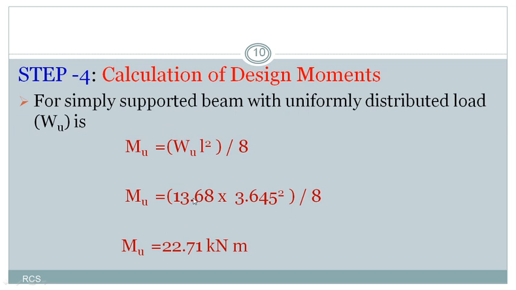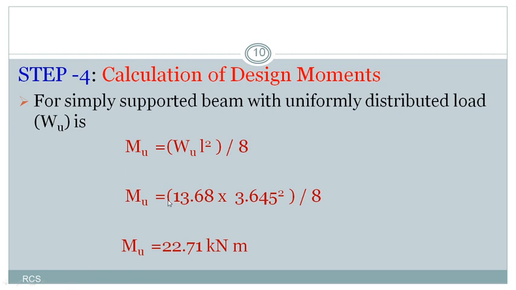If you multiply all together and divide by 8, we get Mu equal to 22.71 kilonewton meter. So this is the ultimate design moment which is likely to occur on the slab.